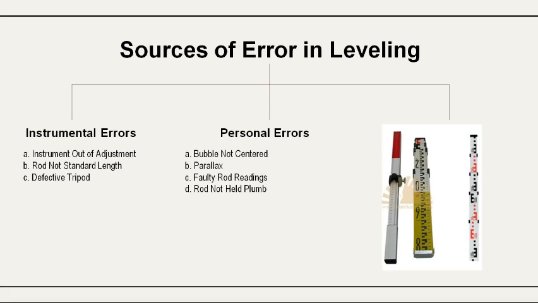To minimize this type of error, we can use a plumb bob on our rod to determine if the rod is vertical. Next is the incorrect setting of target. For this type of error, it is also on the rod man, who did not position the rod at the station itself. And the last type of error is the unequal backsight and foresight distances.